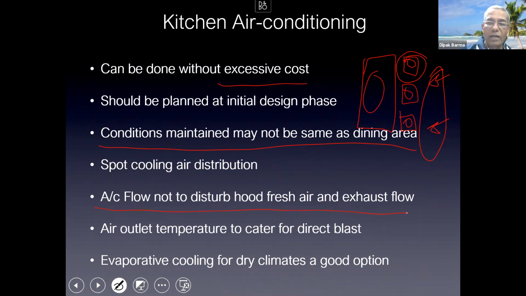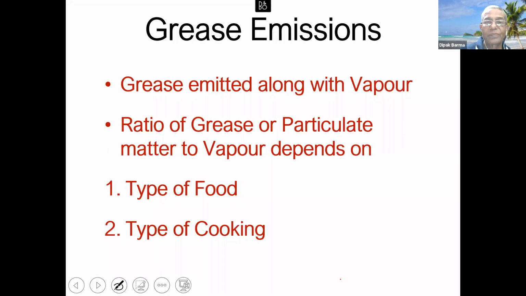Ensure that the capture and containment does not get affected because of this. Okay. Evaporative cooling, I've already told you, should be there for good dry climates.